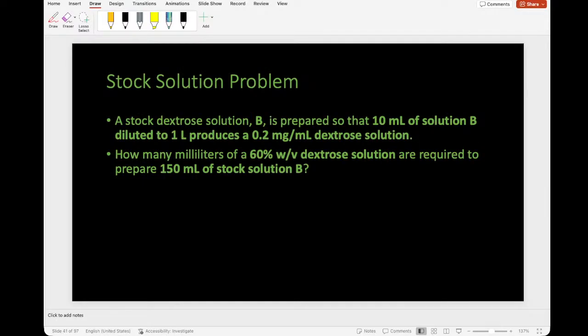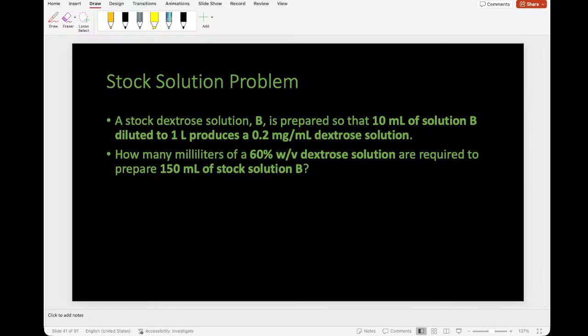The next one talks about stock solution. A stock dextrose solution B is prepared so that 10 milliliters of solution B is diluted to 1 liter, produces a 0.2 milligram per ml dextrose solution.